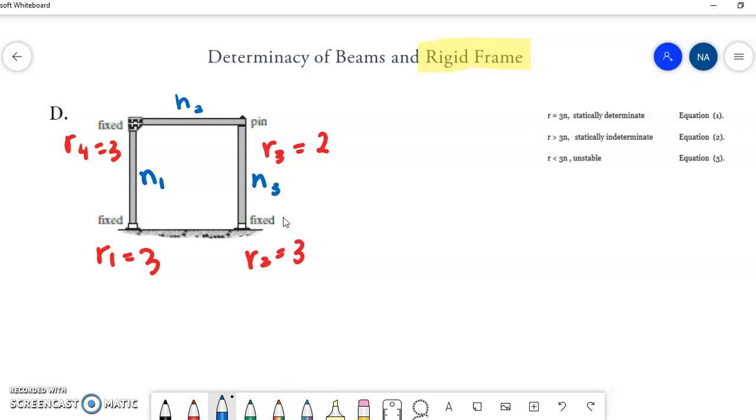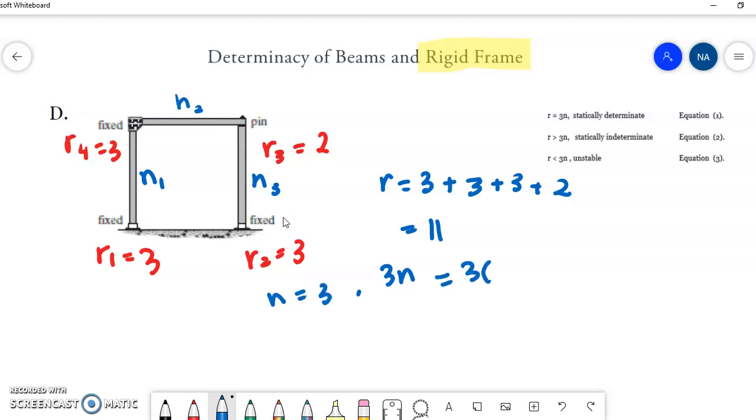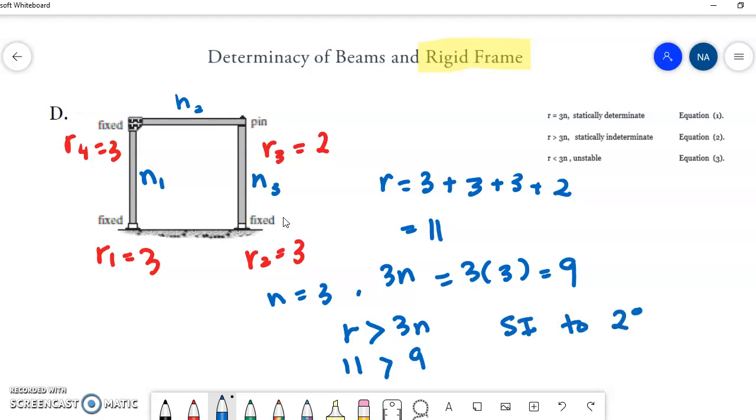So total number of R is 3 plus 3 plus 3 plus 2, equal to 11, and 3n, where n is equal to 3, so 3n is 3 times 3 is 9. So R is greater than 3n, which is 11 and 9. And so it shows that this is statically indeterminate to the 2nd degree.